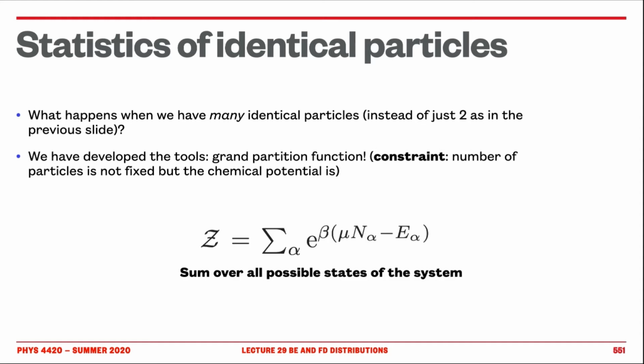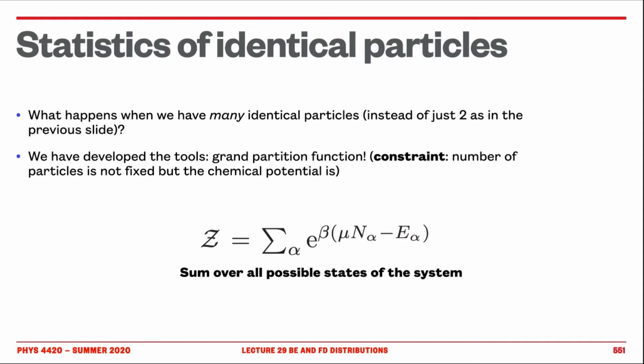The grand partition function is described by this equation here that looks very much like what we did for the partition function, but with the additional term related to the number of particles that are in chemical potential mu. This is something we've done.